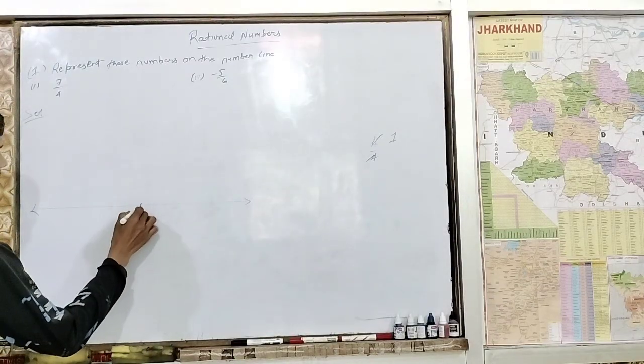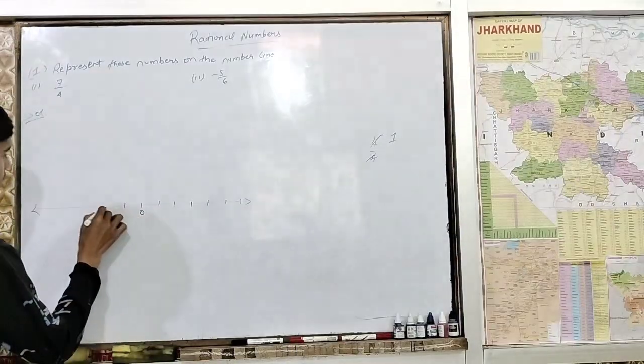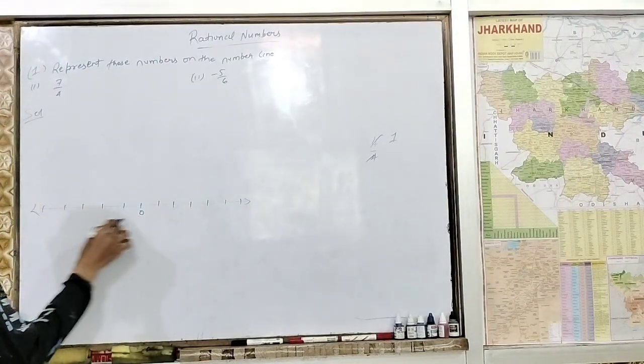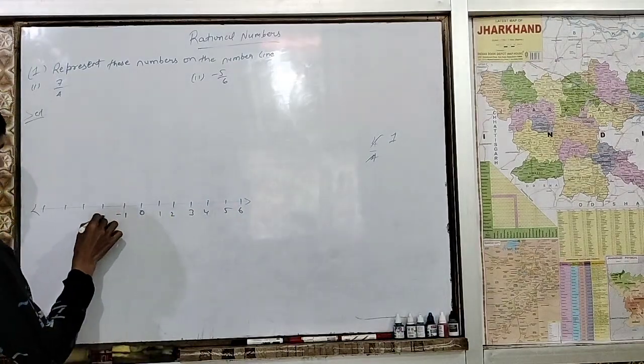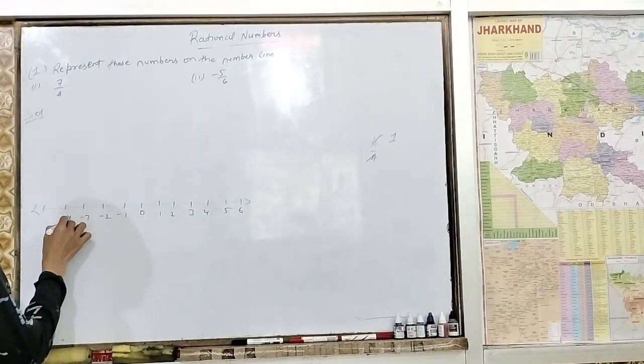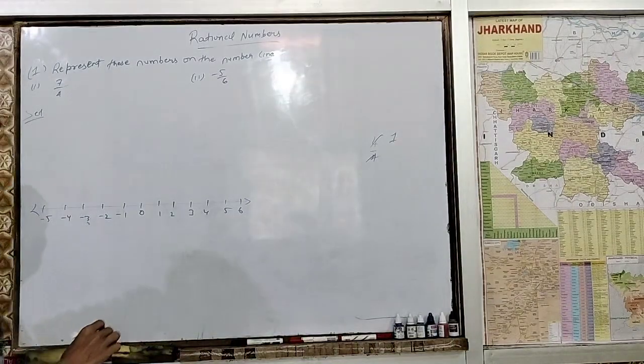Look at it. 0, 1, 2, 3, 4, 5, 6, minus 1, minus 2, minus 3, minus 4, minus 5. What is happening over here? Look here.